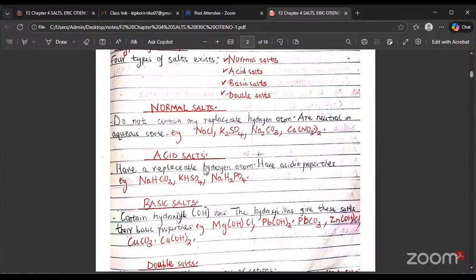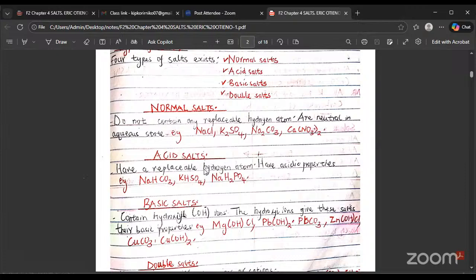Most of these ones are normally neutral, by the way. For example, the salt we use at home as a food additive is sodium chloride, and it is neutral in nature. They do not have any ions that can make it basic or acidic. We'll talk about that one.